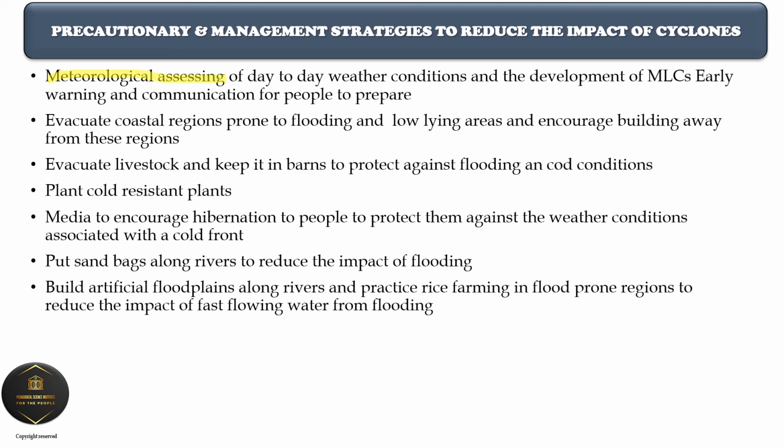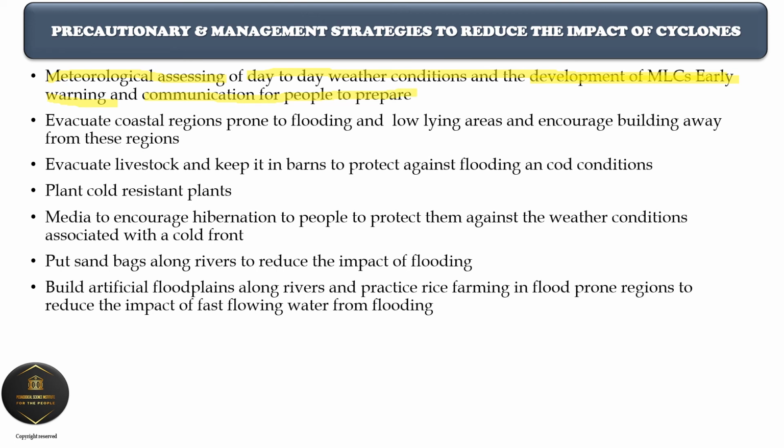Now, what does that mean? It means we need to assess the day-to-day changes in atmospheric conditions so that we can detect these mid-latitude cyclones when they develop very early, so we are able to warn people or communicate to people so they prepare for them.